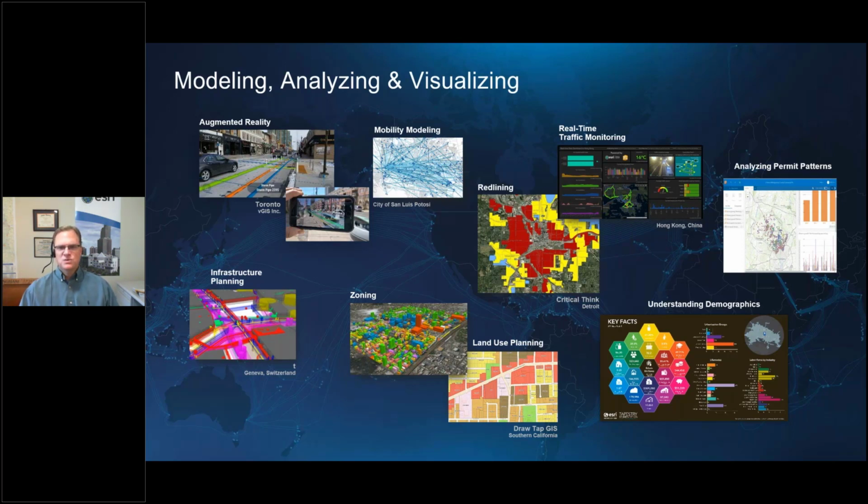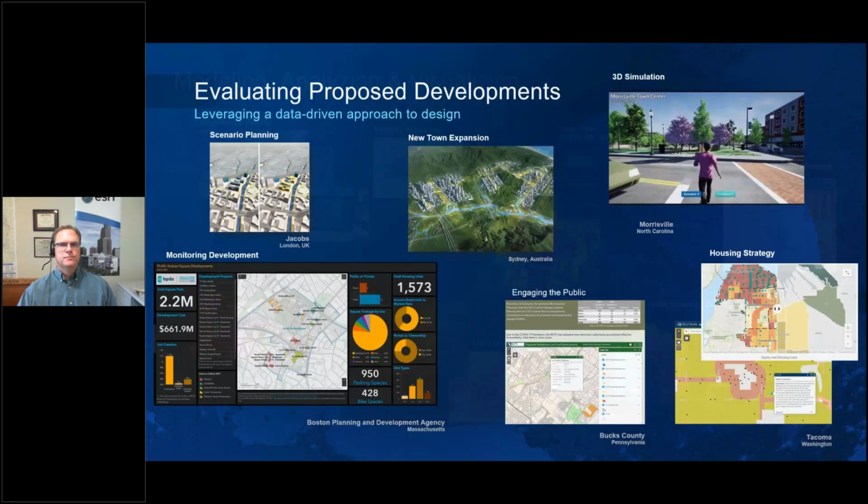One of the things I really love as well is being able to analyze permitting patterns. So even if you're not the person that works on the permitting system, there's probably data there that you need, and GIS helps us analyze that, even if there's not a module for that within the permitting system itself. And then being able to understand demographics, being able to have an intricate knowledge of what's going on within our neighborhoods.